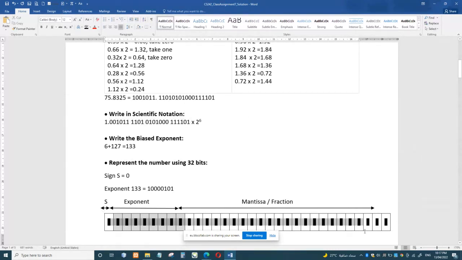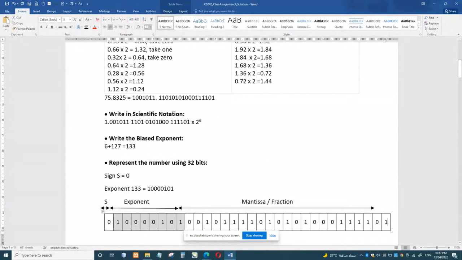So if you see the total representation, your sign bit is 0 here, your exponent is 10000101, and then the remaining is your mantissa: 001011 001011, then 1101 1101, then 01010000, then 11101.